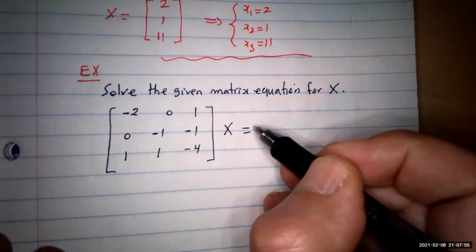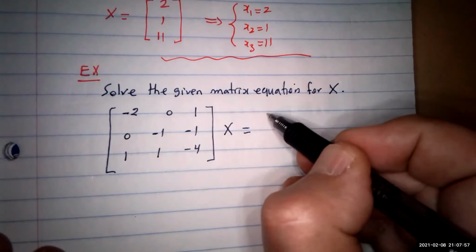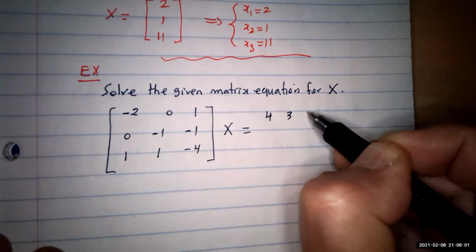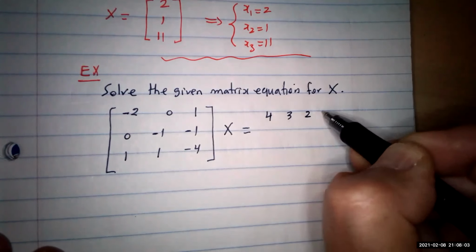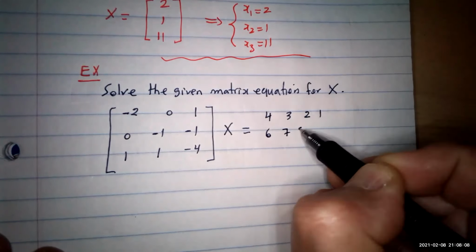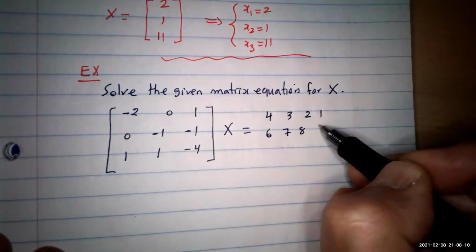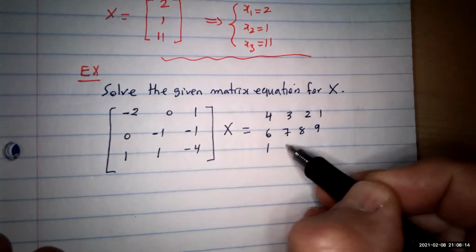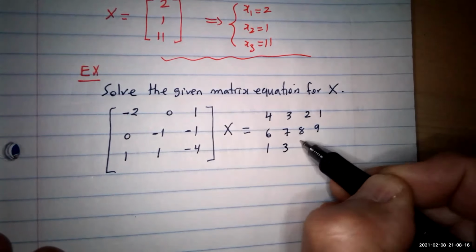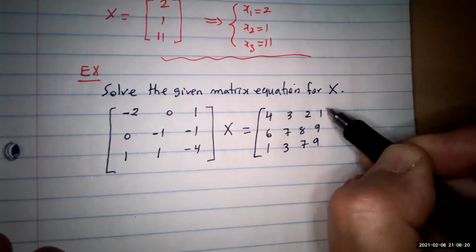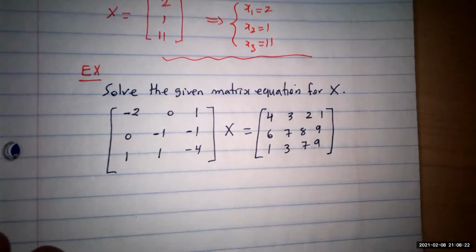So the result is equal to, you see, this is the result, 4, 3, 2, 1, and 6, 7, 8, 9, and then you have 1, 3, 7, 9. You see, this is the given equation. You have these types of problems.